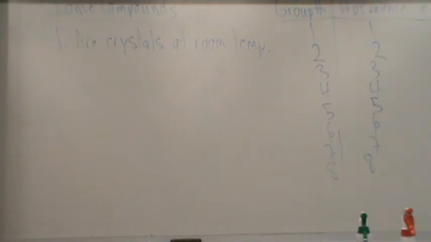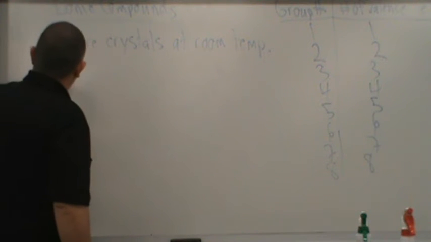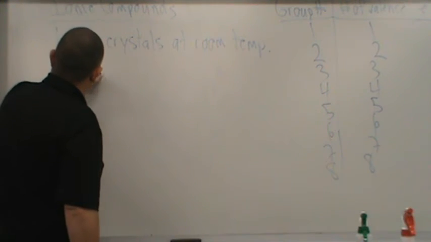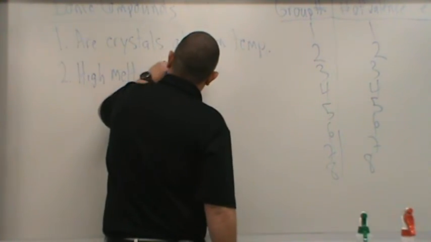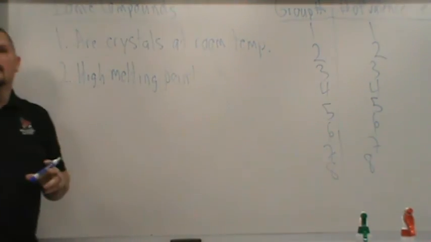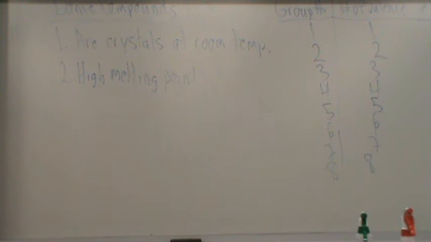Ionic compounds are crystals at room temperature. So yes, table salt, that is actually a crystal. They have a high melting point.